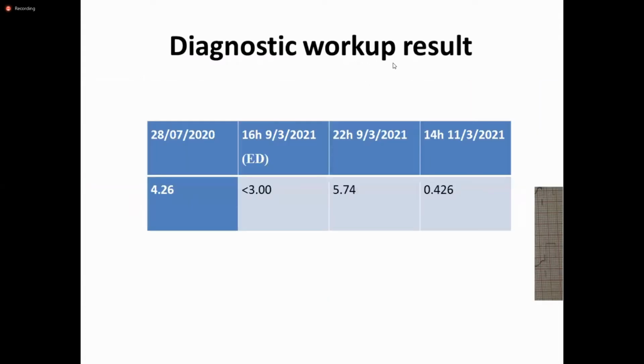Okay. Here is the troponin we measured. This is the time of the chest pain, this is the time at admission, and this is the time after 6 hours and the 2 following days.